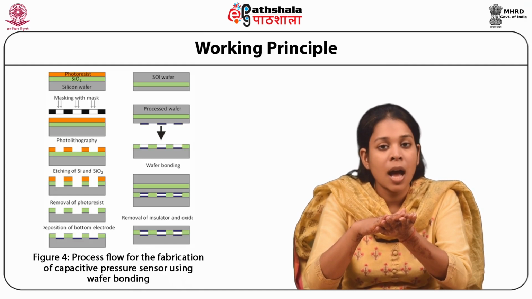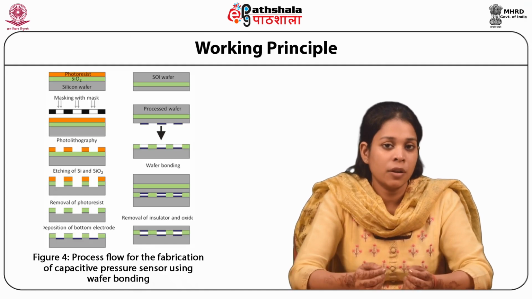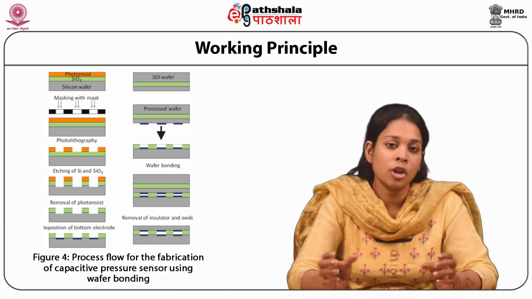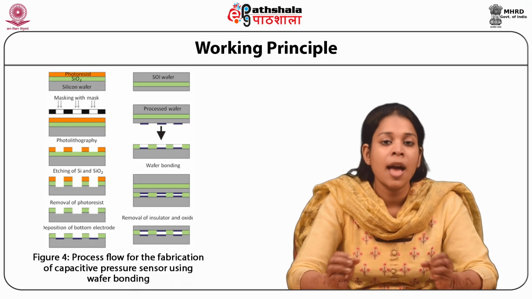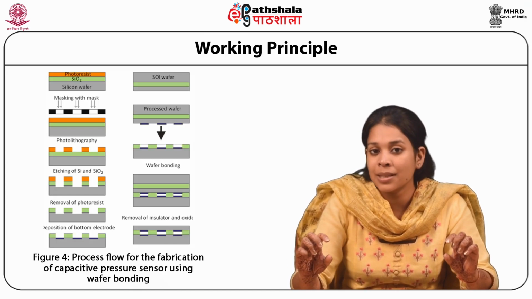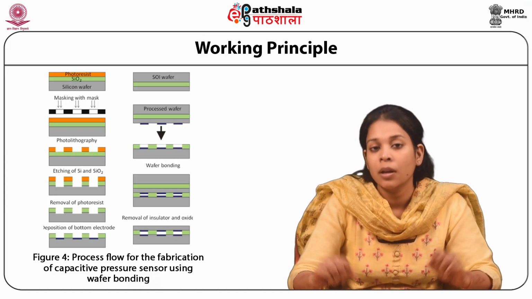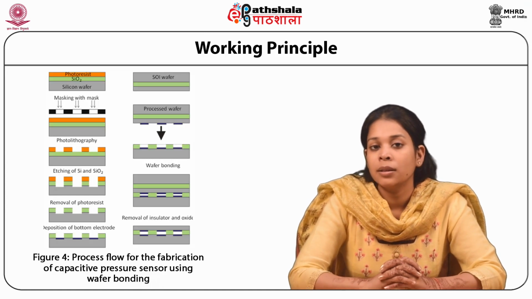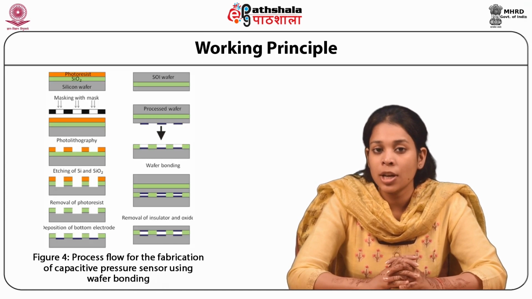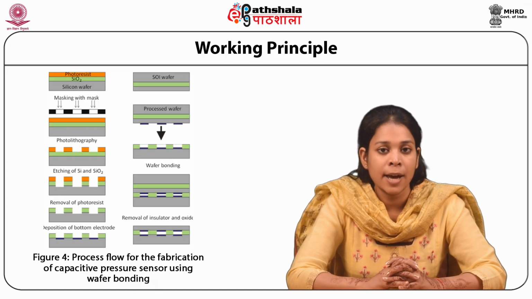So you can see, after development of the wafer, there are some parts which are uncovered, that is, not covered by the photoresist, and there are few parts which are covered by photoresist, which are represented by orange color.